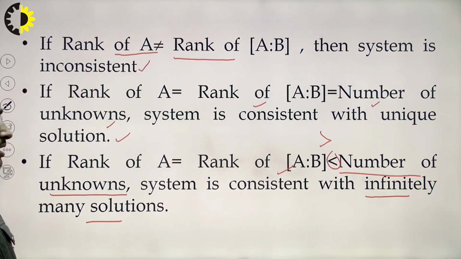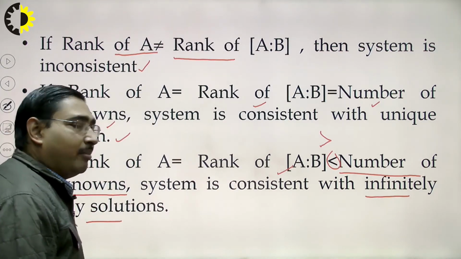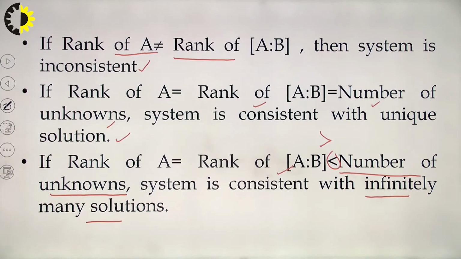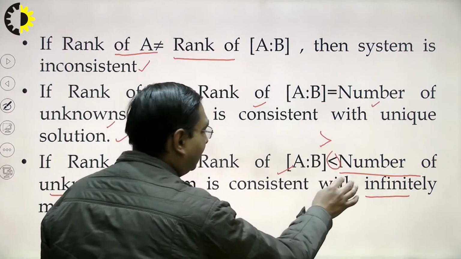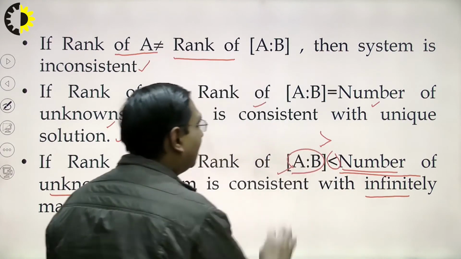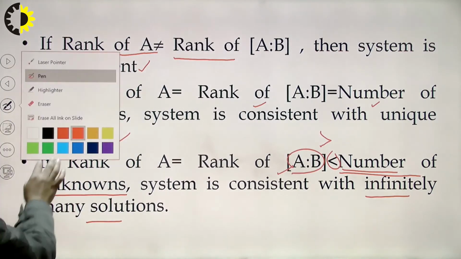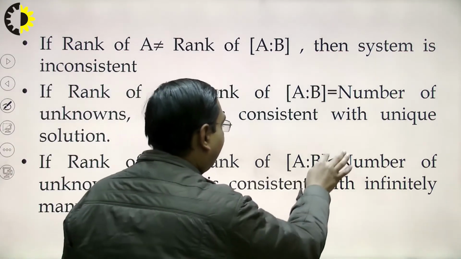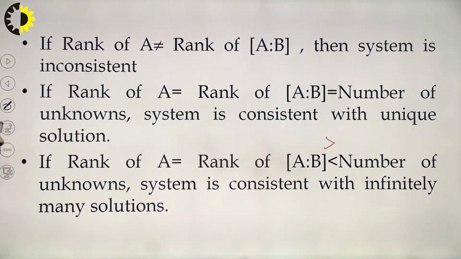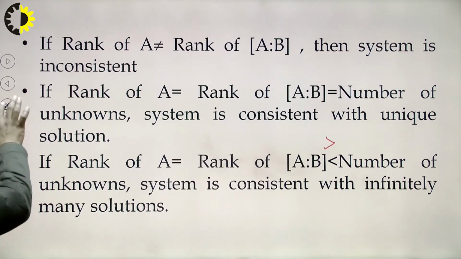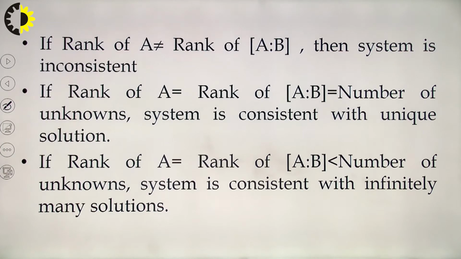The answer is, this situation will never occur, because rank of a matrix is less than or equal to number of rows as well as number of columns of the matrix, and because the number of rows in the matrix AB is equal to number of unknowns, this case when rank of AB is greater than number of unknowns will never happen. So we need not worry about that.